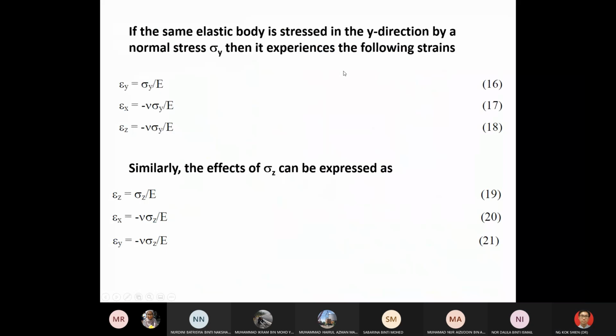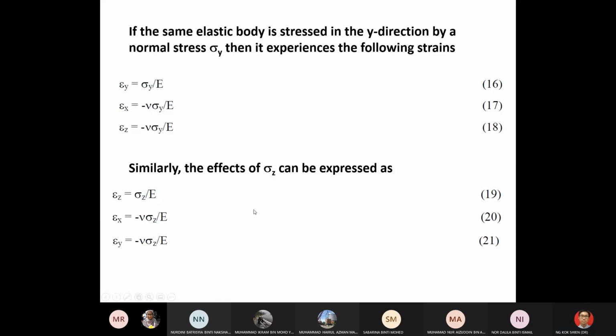Similarly for sigma y, the normal stress in the y direction, we have strain epsilon y equal to sigma y over E, along with epsilon x and epsilon z. And finally sigma z also causes three types of strain.